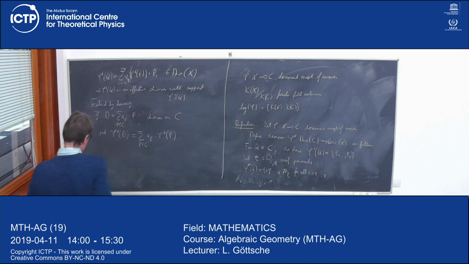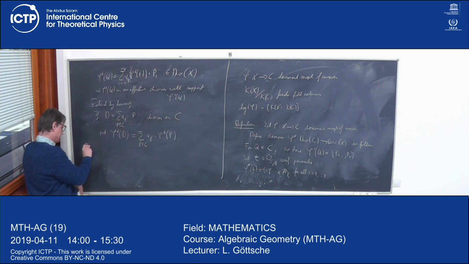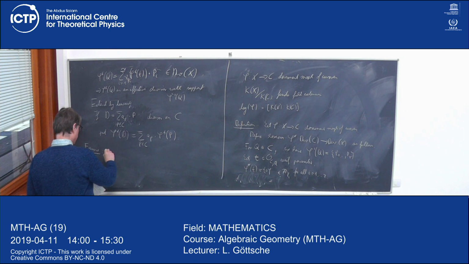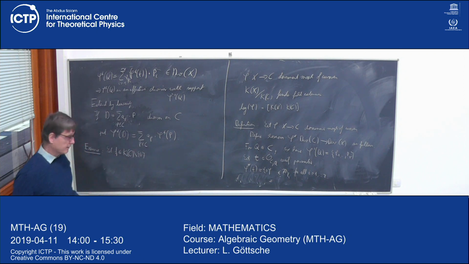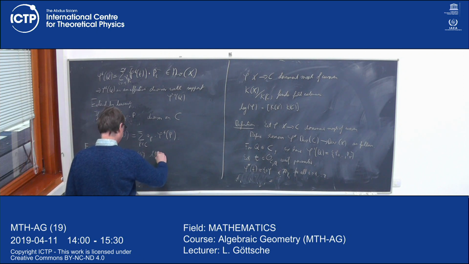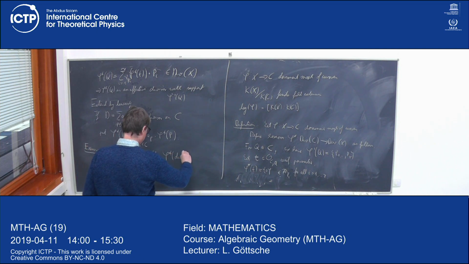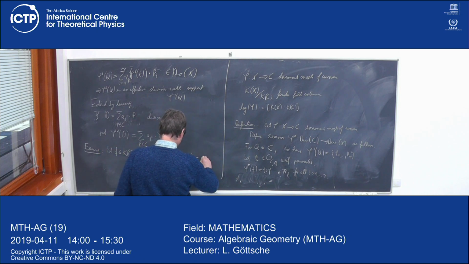So it's an easy exercise which tests whether you understand this definition. If f is a rational function, then the pullback of the divisor of f is the divisor of the pullback of f.